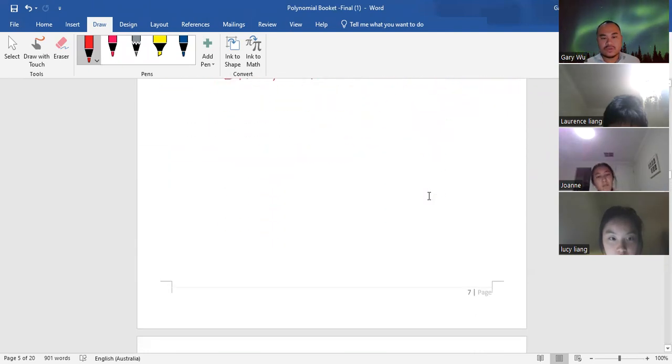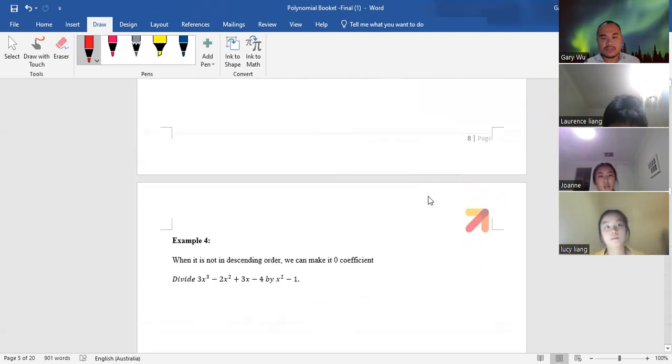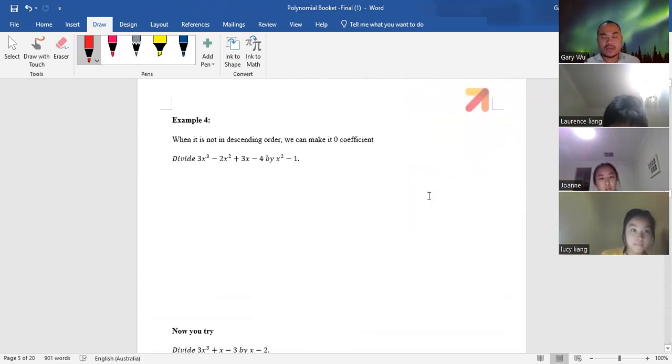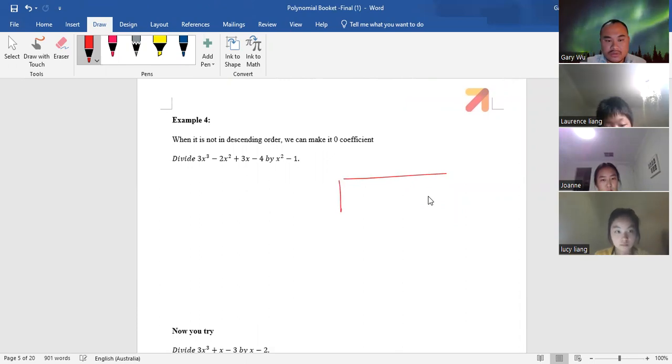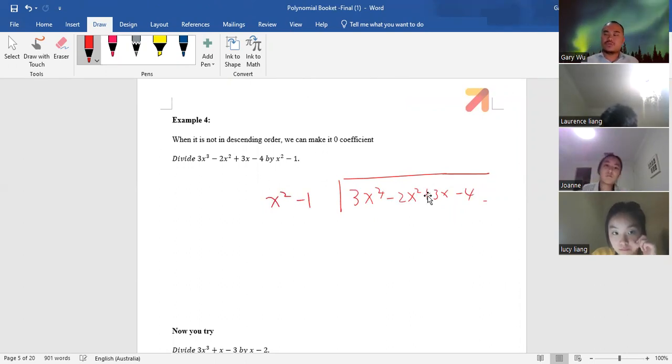All right, for the last 10 minutes, you can do the previous one as homework, and then I will try a question. We will work on the last example. Still, we're doing long division. 3x cubed minus 2x minus 2x squared plus... Can you tell me what's the difference between this one and the previous 3 examples?